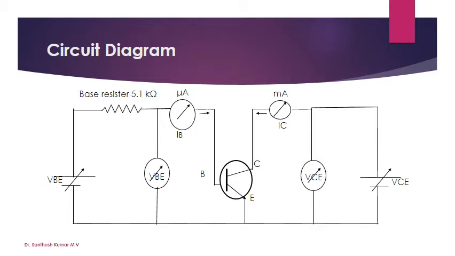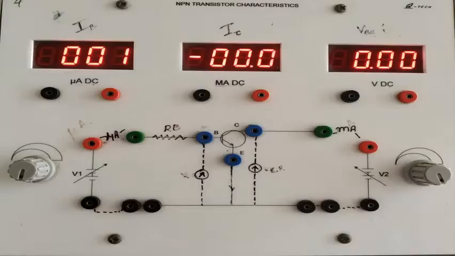VBE is called the base emitter voltage and VCE is called the collector emitter voltage. To measure the respective voltages, we connect the respective voltmeters. And next is the emitter. You can see this is common for both the input and output, hence it is called the common emitter configuration.